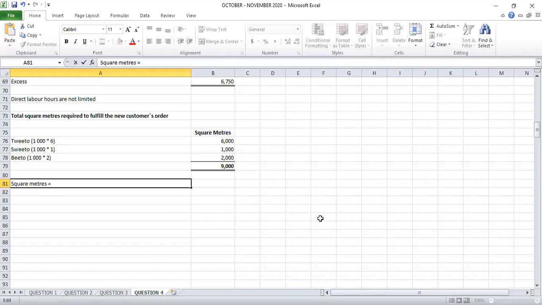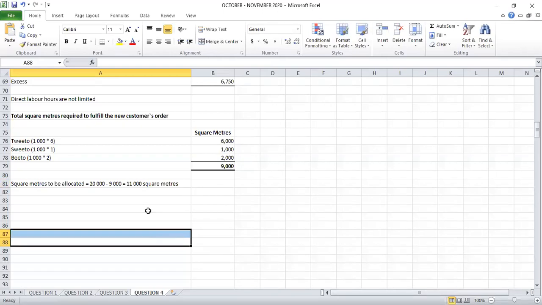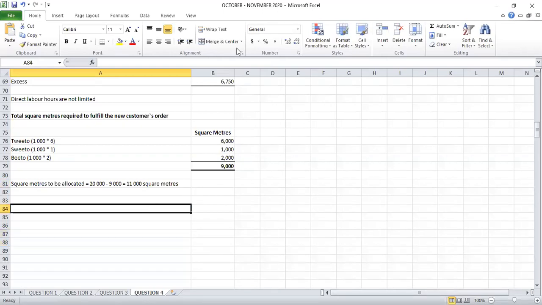Right. So the square meters to be allocated would be equal to, remember that we only have 20,000 minus 9,000. So we only have 11,000 square meters that we have to allocate to the other products. Because 9 are specifically allocated to the special order because we can't avoid it.